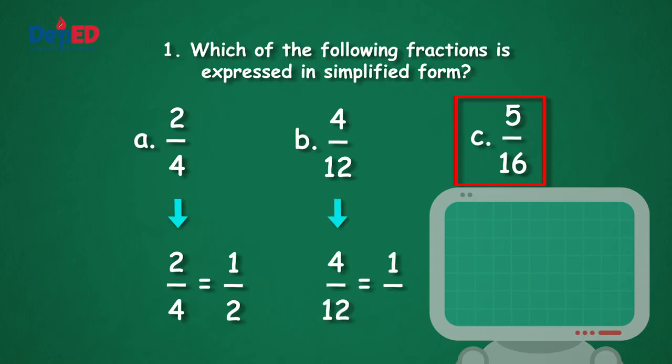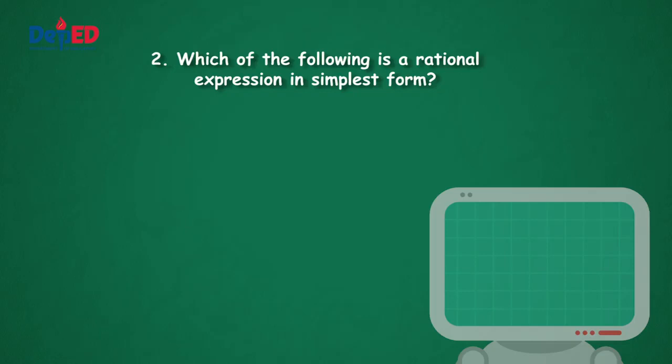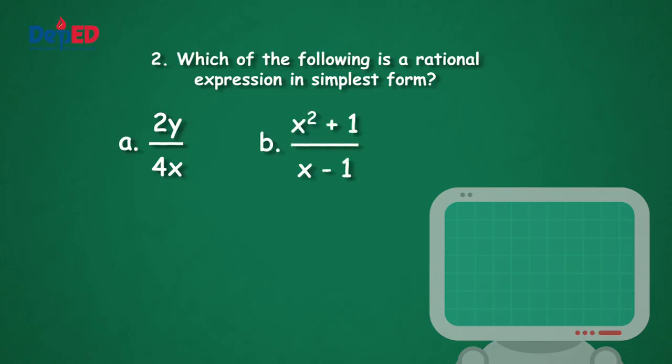is equal to 1/3. Number 2, which of the following is a rational expression in simplest form? A, 2y over 4x. B, x squared plus 1 all over x minus 1.